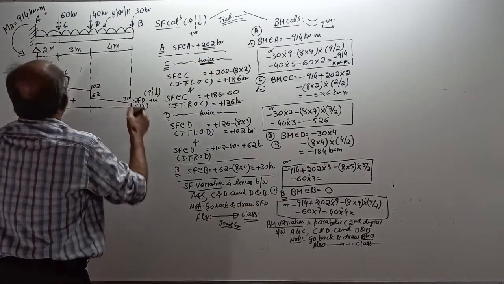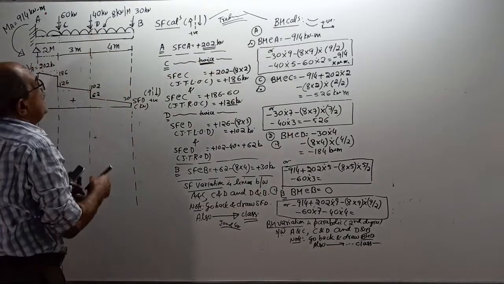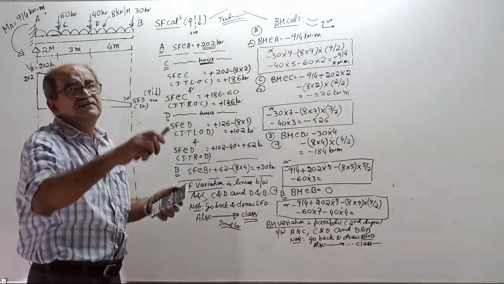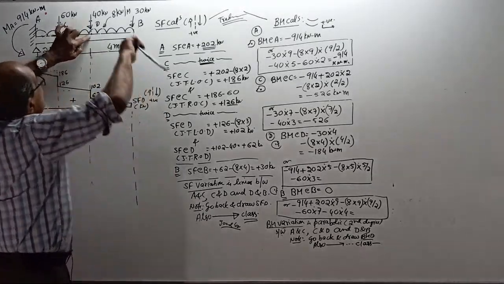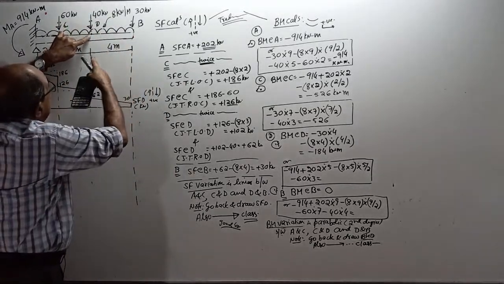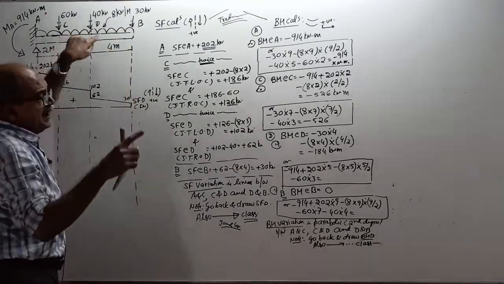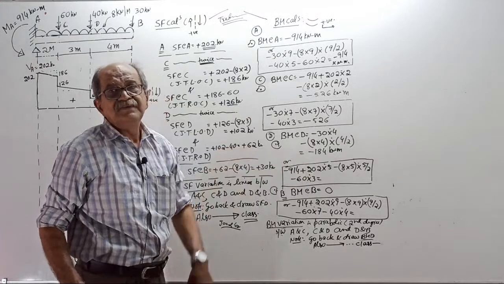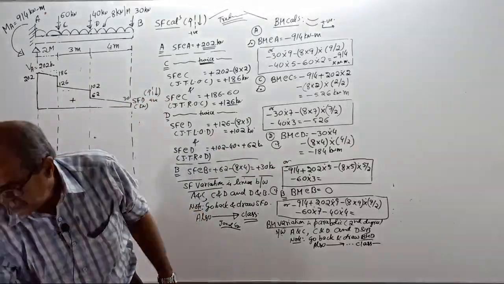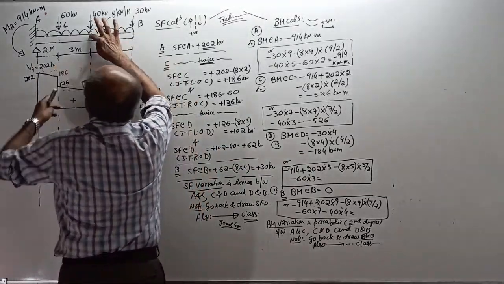Okay. Then come to D. When you come to D, I want to look right side. Tell the answer. Correct. Minus 30 into 4 minus 8 into 4 into 4 by 2. I got minus 184. Out of curiosity, I will look left side.